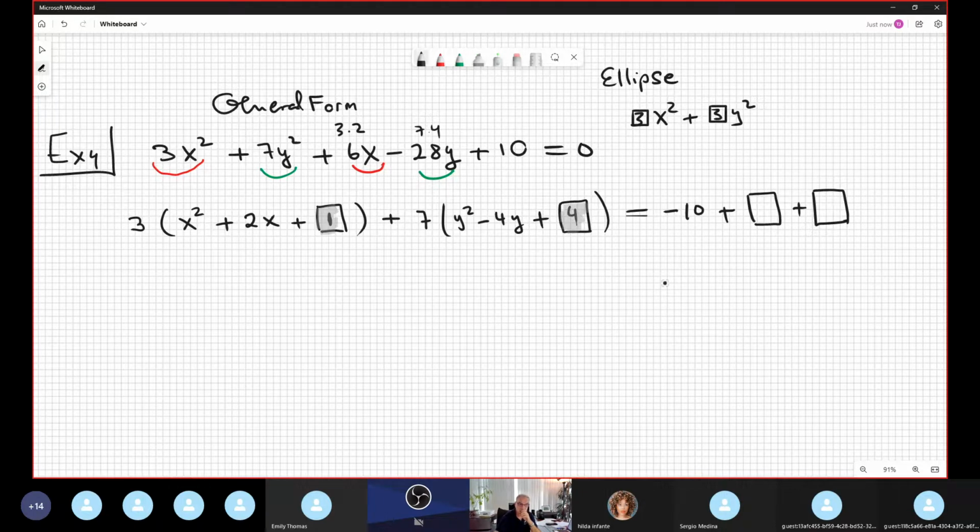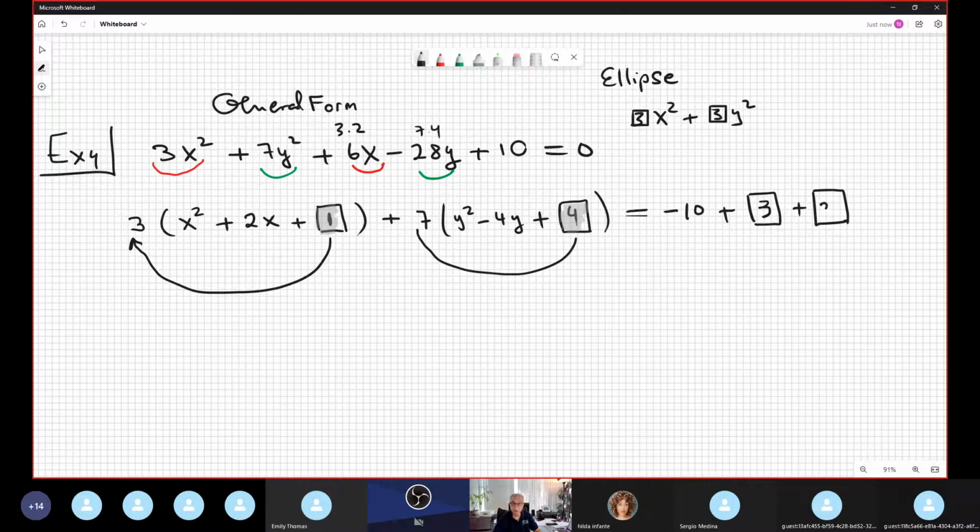So I need to put a similar number here in order to keep the equilibrium of the equation, no? But actually, it's not 1 and 4. Be careful, because this 1 is multiplied by 3. So actually, it's 3. And this 4 multiplied by 7 is 28. It's 28.